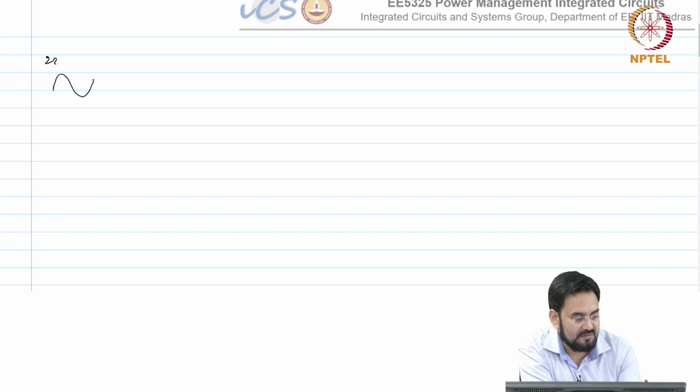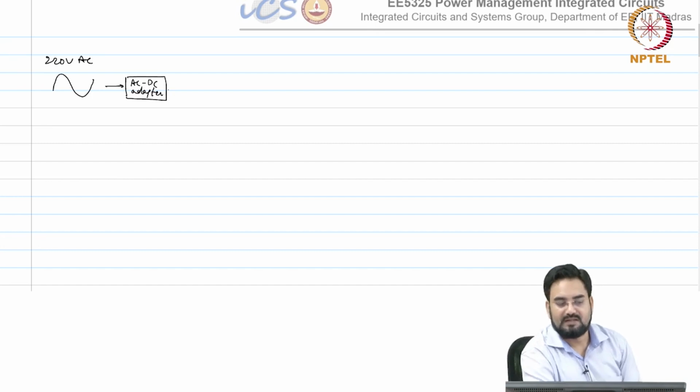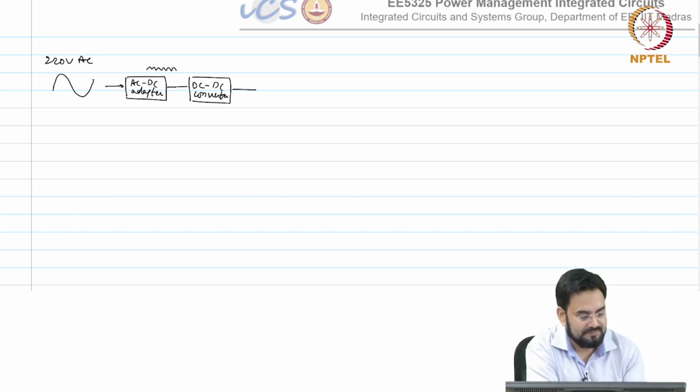You have 220 volt AC, then it goes to your adapter, correct, then it goes to your DC-DC converter. So, this guy will have ripple, okay.